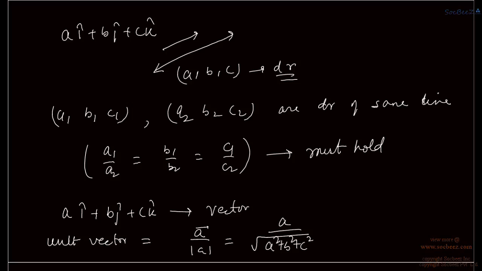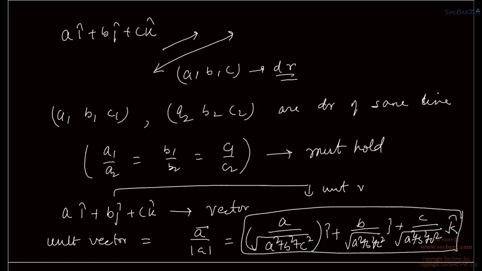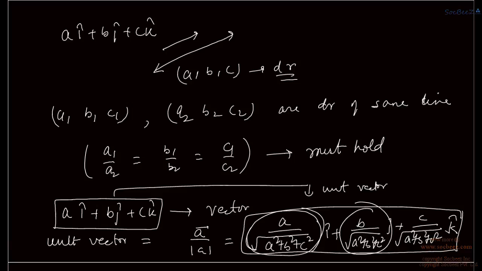So we can have this as a unit vector in direction to this vector. So this is the direction ratio vector and this is the direction cosine vector. If we want to see what the direction cosine is for a given direction ratio, we can always find it. So l is basically this, m is basically this, and n is this, right?